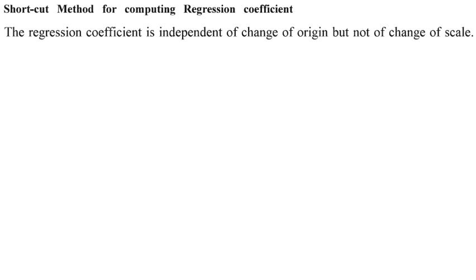That means if we multiply or divide our observations, that is, the values to find u and v, our answer will change. Once again, regression coefficient b is not independent of the change of scale. That means if we multiply or divide by any value, we will not get the exact original answer.